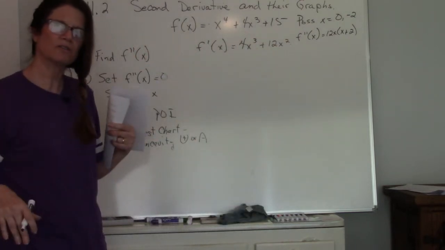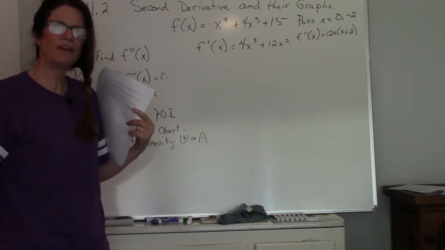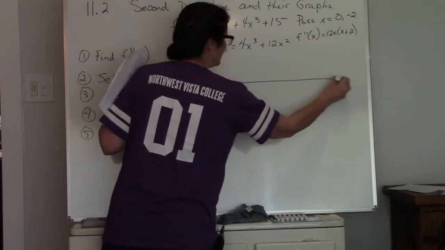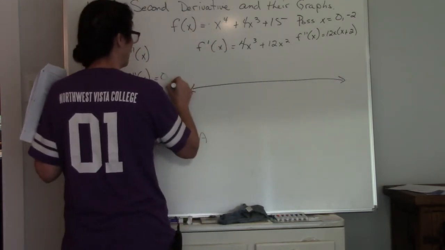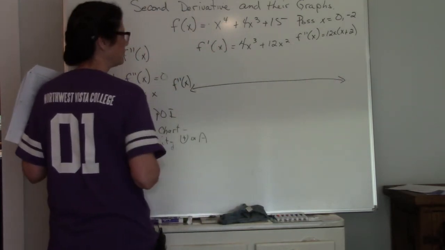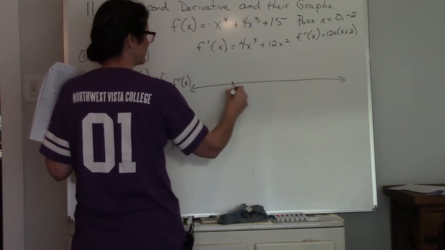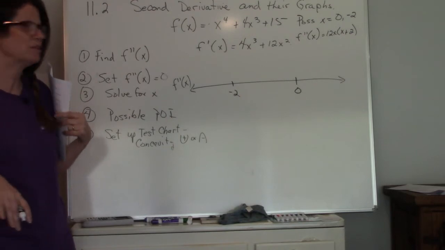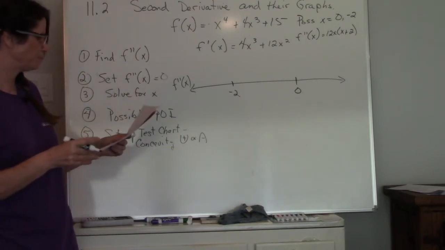It's just easier for me because again, I don't care about values. All I care about is, is it positive or negative? So I'm going to set up my test chart. This is my number line. Notice I am labeling it. I'm going to put it in order, so negative 2 and 0. Make sure your number line is set up the way it's supposed to be set up, from low to high.